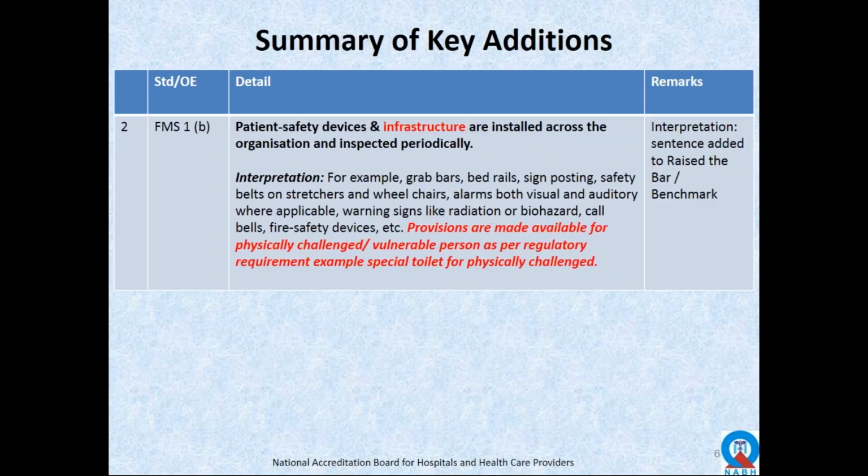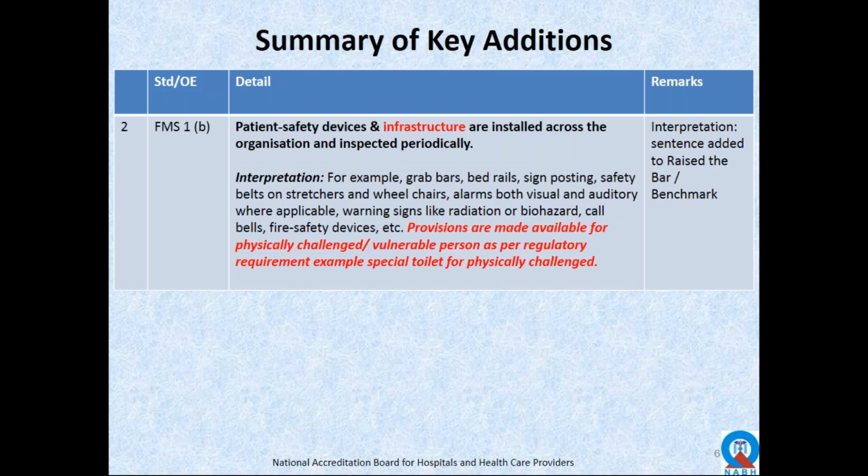Looking at the FMS 1B, patient safety devices and infrastructure are installed across the organization and are inspected periodically. So here again the interpretation, one sentence has been added to raise the bar, because here we are now looking at making provisions available for physically challenged and vulnerable patients. This is also a statutory requirement now, especially having special toilets for the physically challenged individuals.